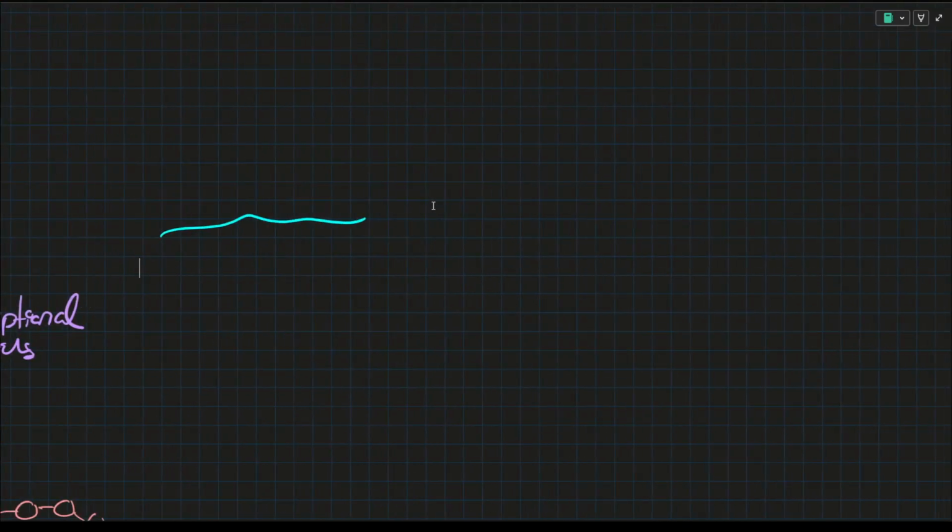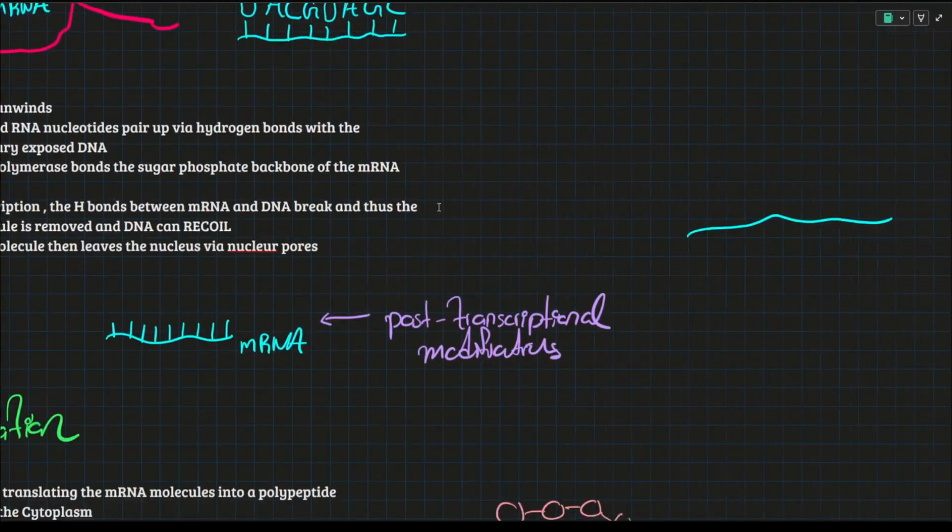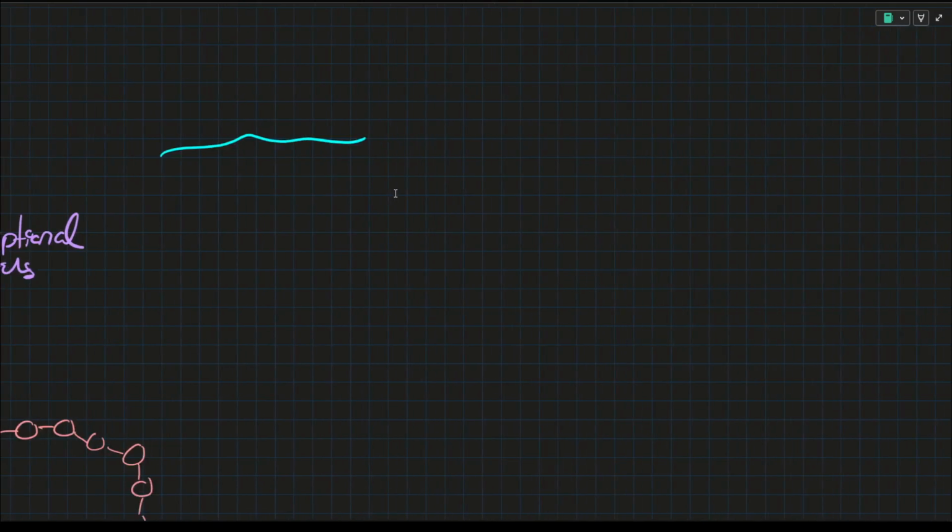After transcription, we're making the post-transcriptional modifications. After all of the transcriptional steps are done, we have this mRNA template. We call this the primary transcript.